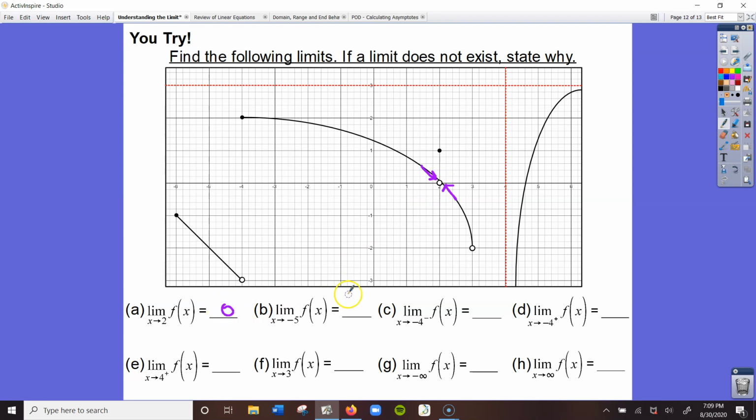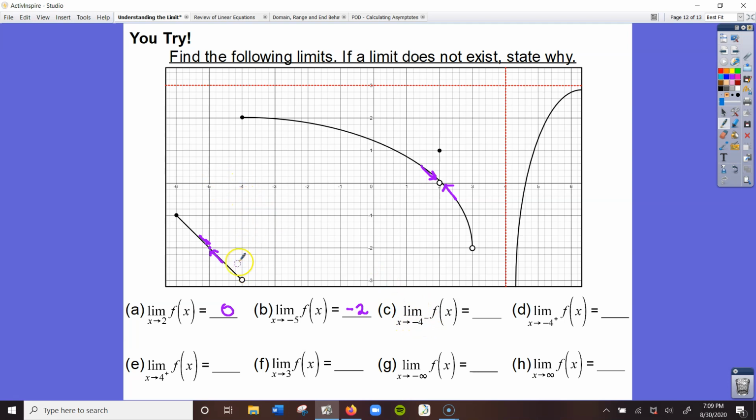For b, we're looking for the limit as x is approaching negative 5. Again, another general limit, so the left and the right have to equal. As we're looking for when x is negative 5, it's right here. Both the left and the right are approaching the same number, which is negative 2. Now we're going to go to the limit as x is approaching negative 4 from the left.